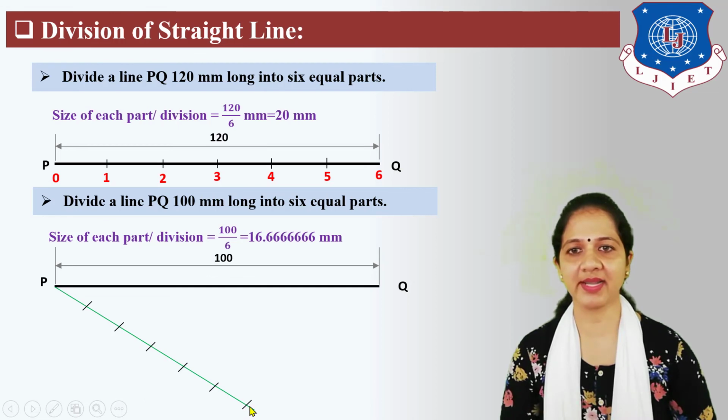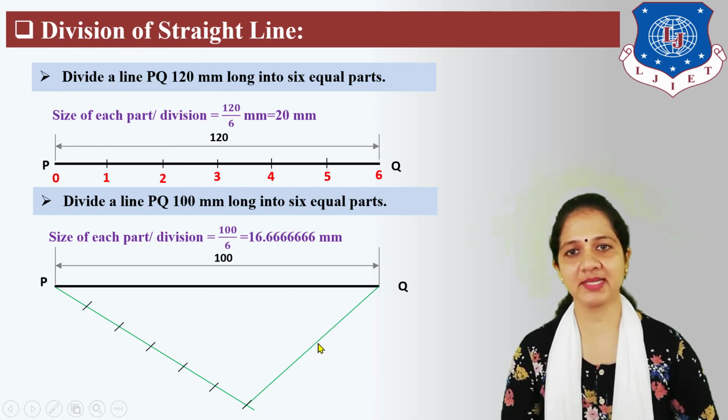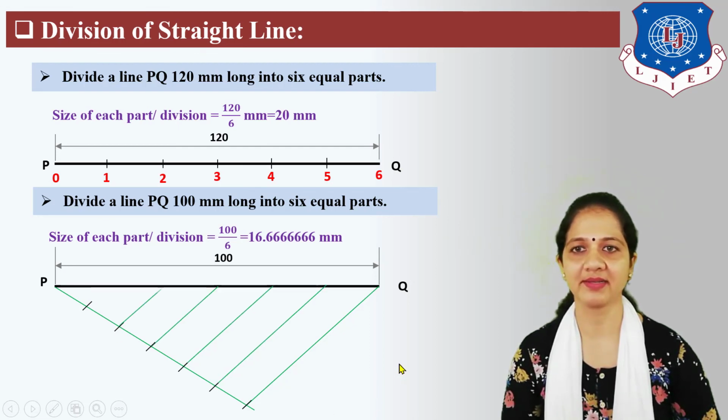Next, connect the last point of this inclined line and Q using a roller scale. Next, set your roller scale on this line, move it and draw parallel lines passing through each point or each division of this inclined line.